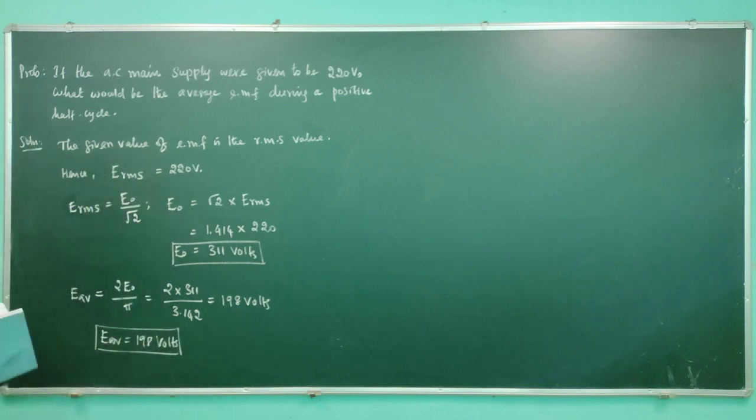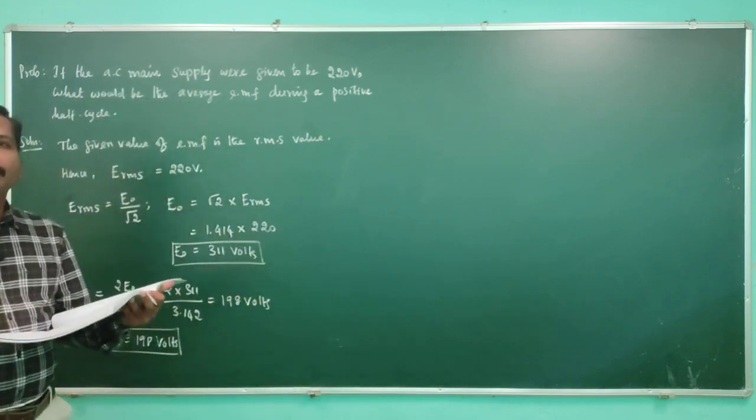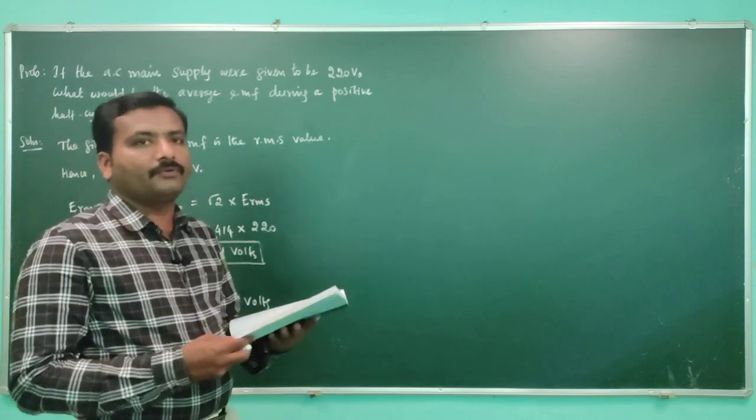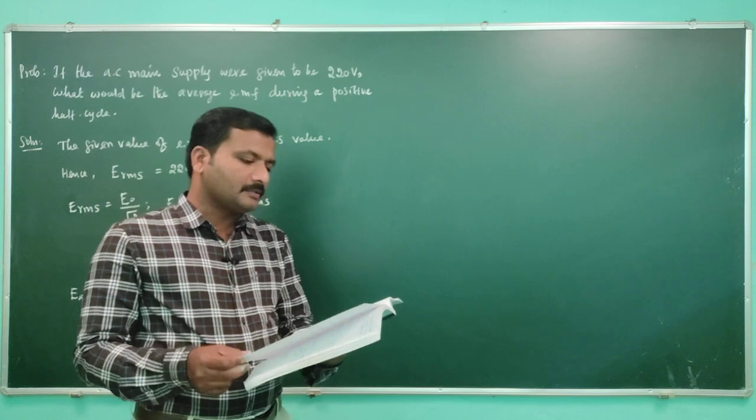This is one problem, a very simple problem. Now let's move on to another topic, mean value of an alternating current. Earlier we calculated the mean or average value for an alternating voltage.